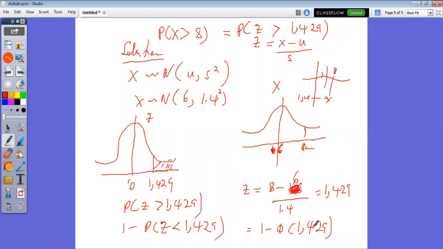It will be 0. What if we add that? It will be 1 minus 0.9236 4, like that. From the table, you might get a value slightly different.